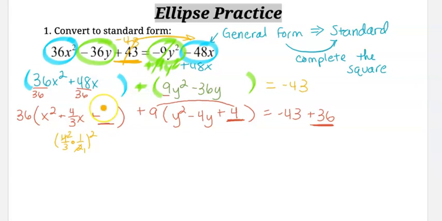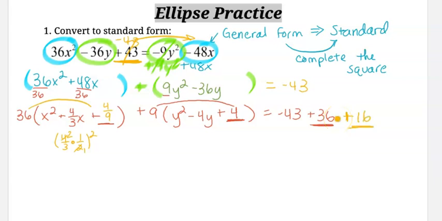So we're going to get 4/9. And then the nice thing is we're going to multiply that 4/9, that value, by 36. So we won't end up having to add a fraction. We're going to add 16 to the other side.